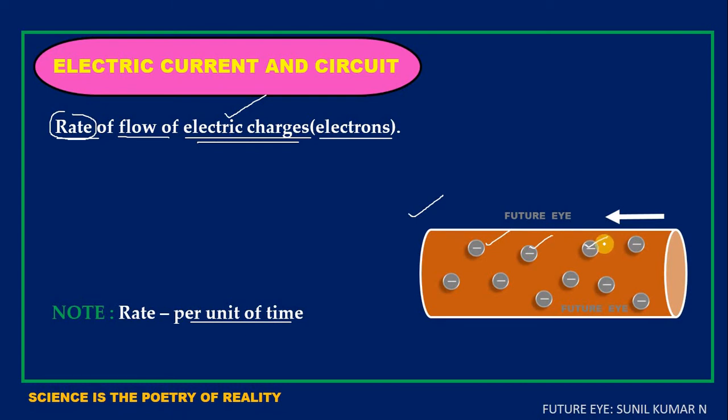Just assume electrons are flowing in this direction. Now I want to calculate the rate of flow of electric charges in this. So what could I do?